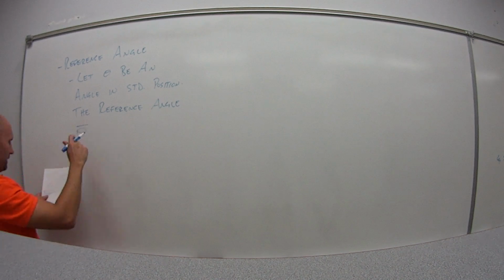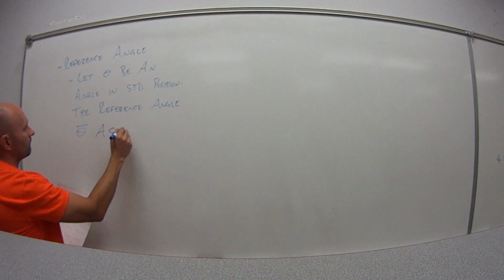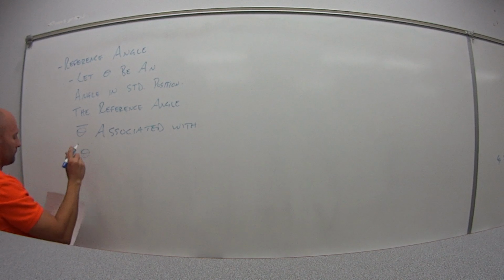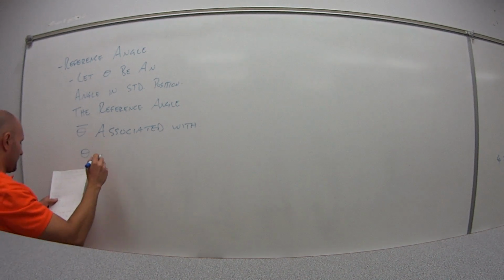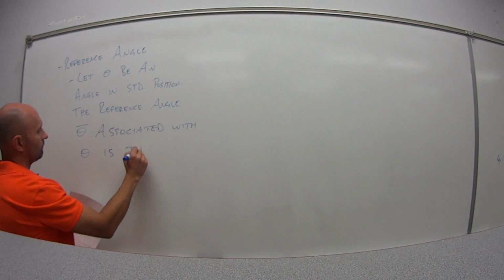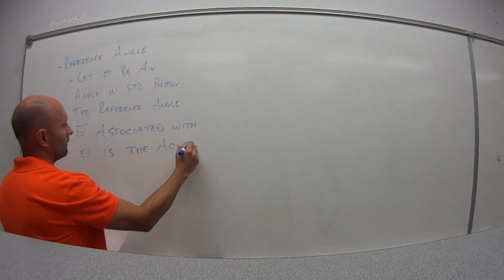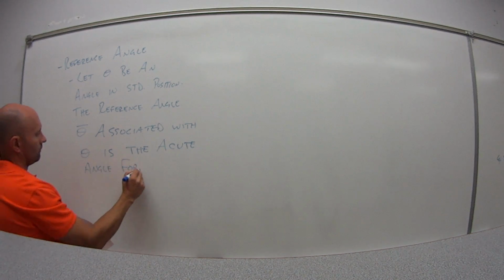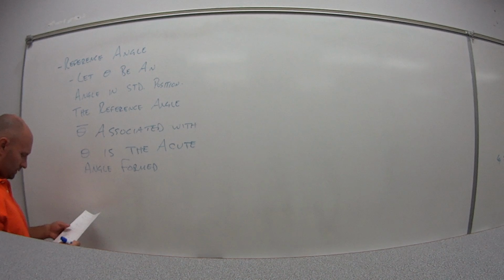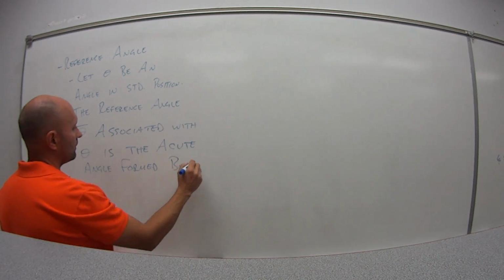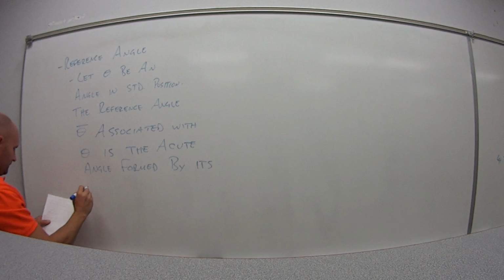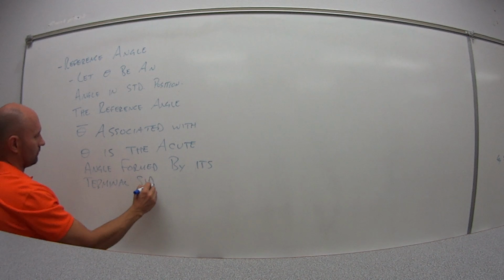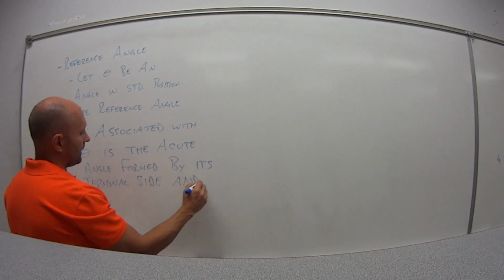The reference angle theta bar associated with theta is the acute angle formed by its terminal side and the x-axis.